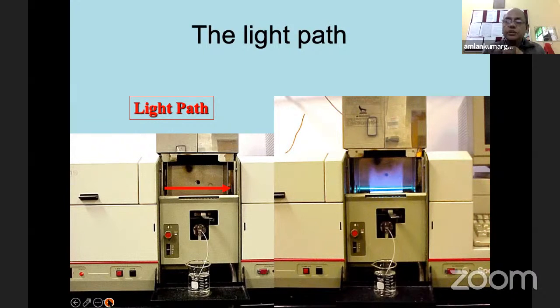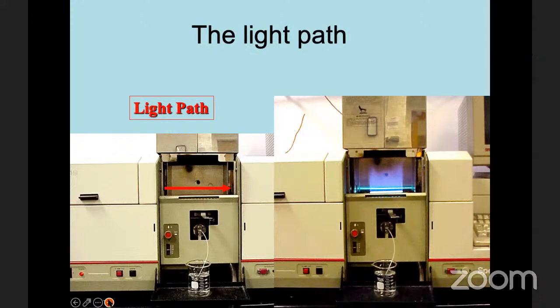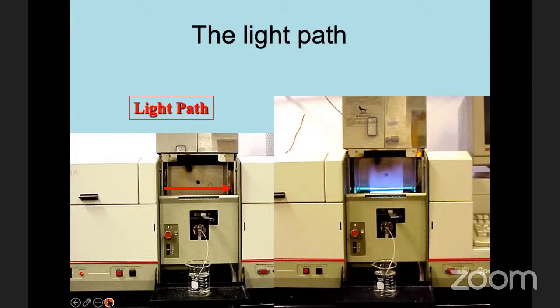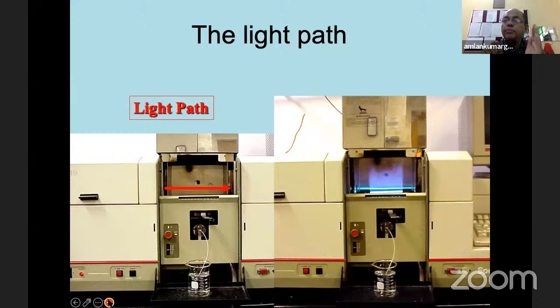And since the atmosphere is argon, the argon is first ionized. This ionized argon will hit the hollow cathode, and it dislodges the metal from that hollow cathode. That means if I want to analyze iron, I will have to have a hollow cathode lamp made of iron, because the iron of that lamp will be dislodged.